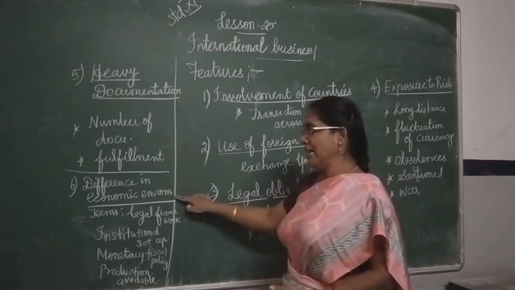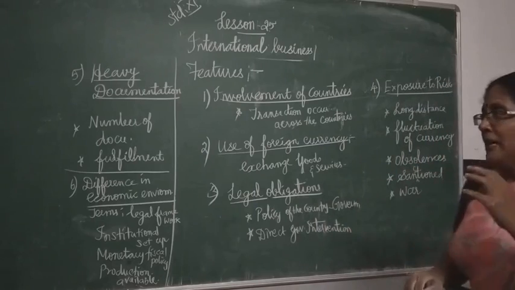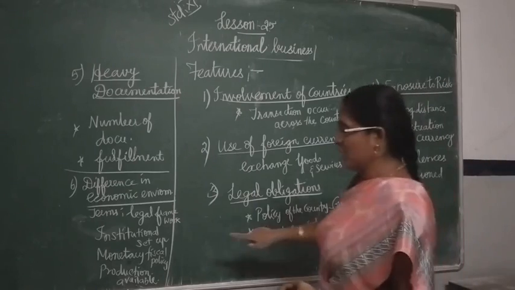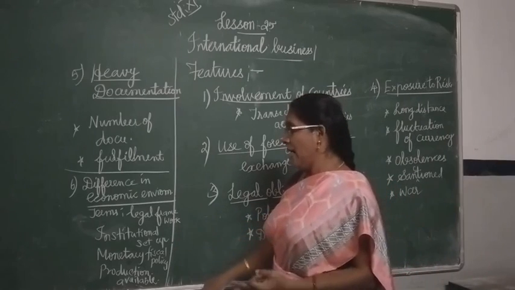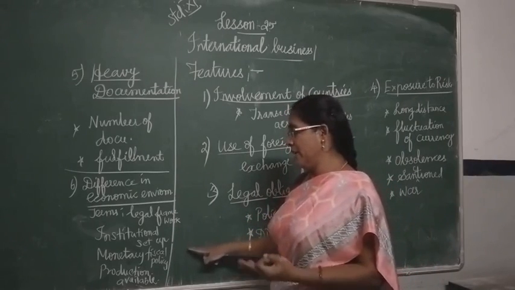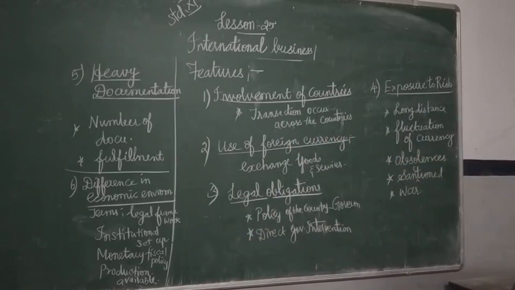Then difference in the economic environment. See, there is a different institutional setup. Then legal formalities are different. And depending upon the monetary, physical and also monetary policy, production availability, it also comes into the matter.